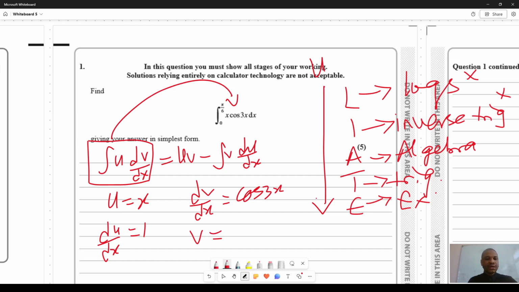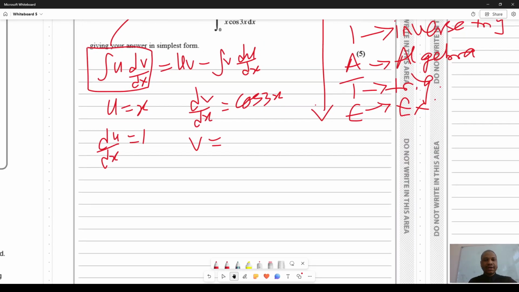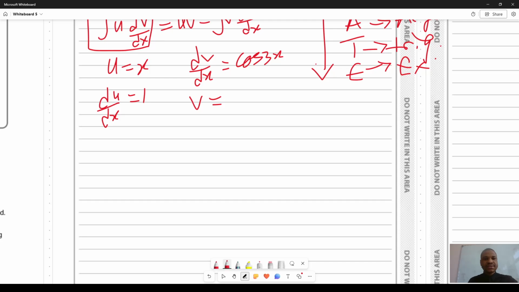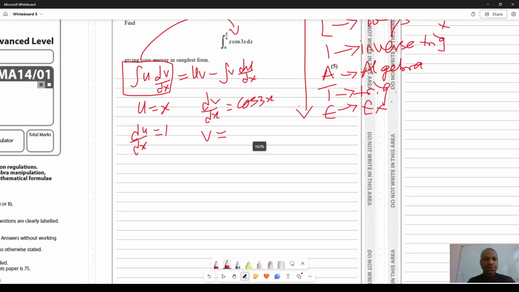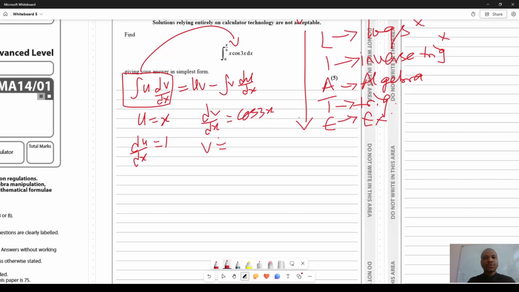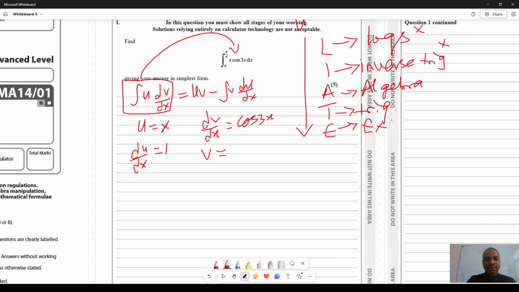Now how do we integrate this? What we need to do is differentiate the inside, then divide by whatever we have, so 1 over 3.